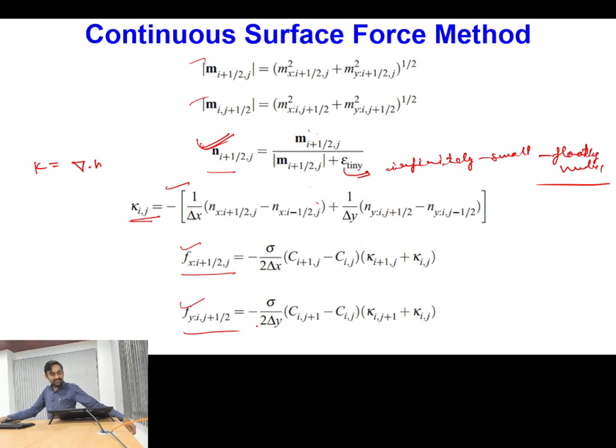Okay. So quickly I have explained to you the discretization of the surface tension force, particularly using the continuous surface force method. Okay. So I think we have almost discussed all the features of the volume of fluid method which will be required for its numerical implementation.